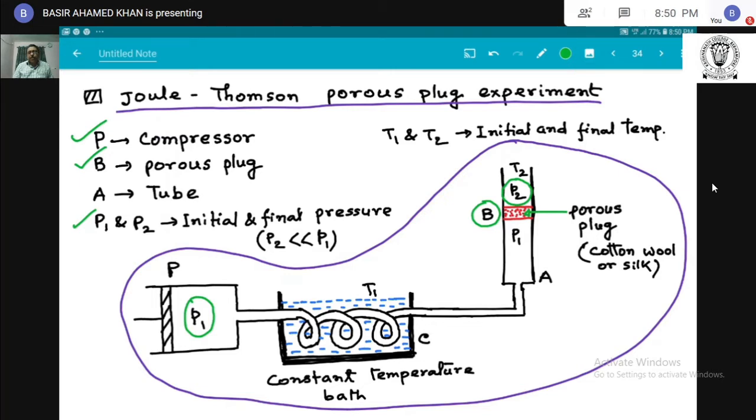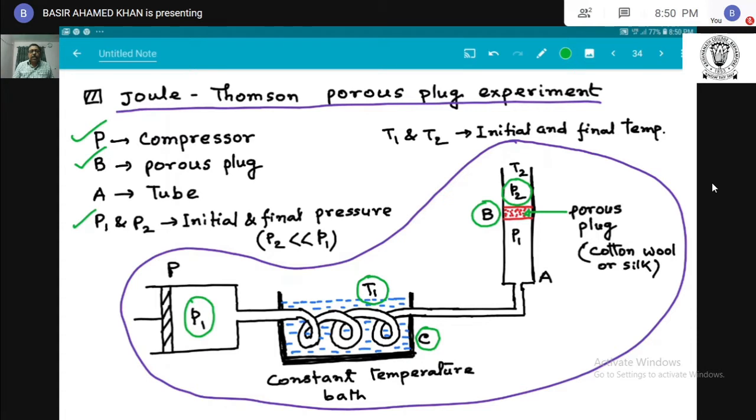T1 is the initial temperature and T2 is the final temperature. That means after expansion the temperature of the gas is T2. To fix the initial temperature, in this experiment the gas first passes through the constant temperature bath C. Initially the temperature of the gas is fixed with the constant temperature bath at temperature T1.